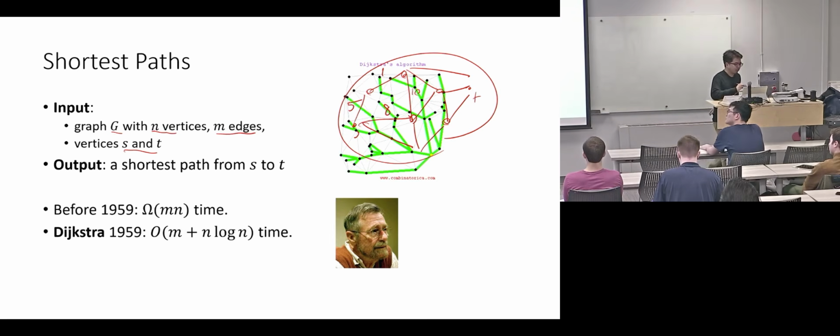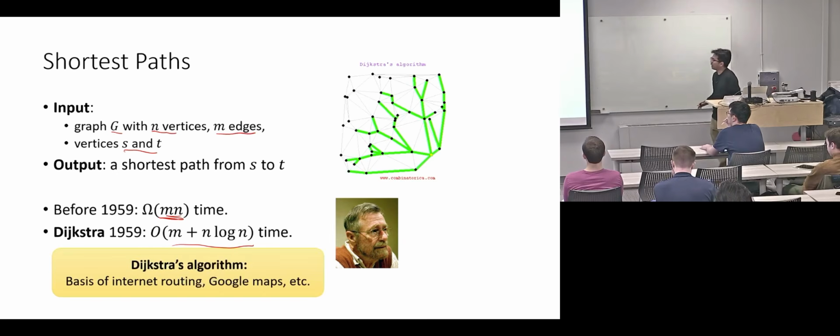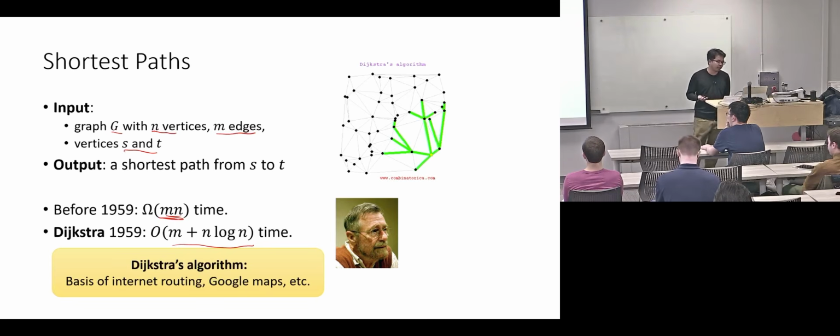So this is a kind of improvement from something quadratic to almost linear. This improvement from quadratic time to linear time actually is super influential. It is the one that enabled the whole industry on the internet, how to route information in the internet, or the algorithm in Google Maps and so on.